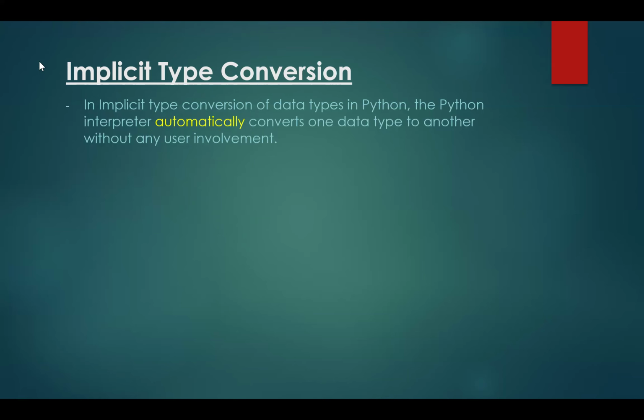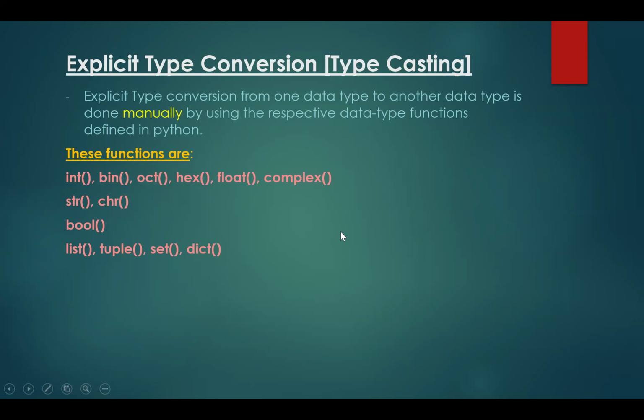Now talking about explicit type conversion. Explicit type conversion from one data type to another, when we do it manually, is known as explicit type conversion.